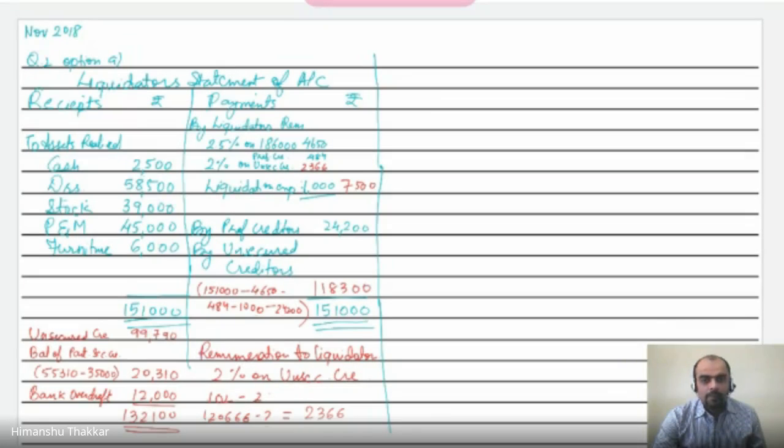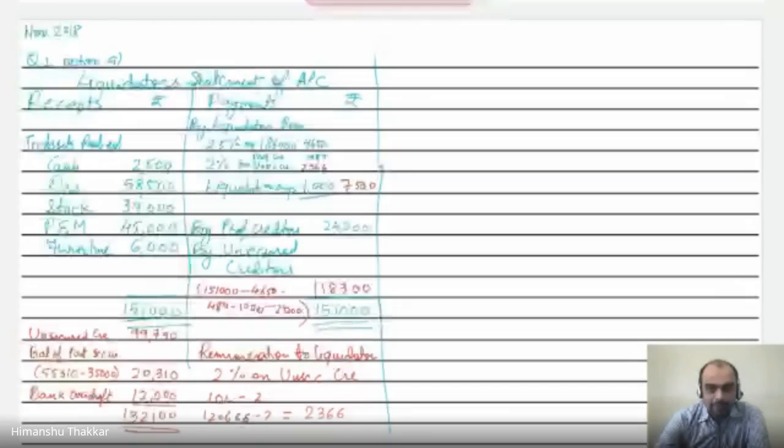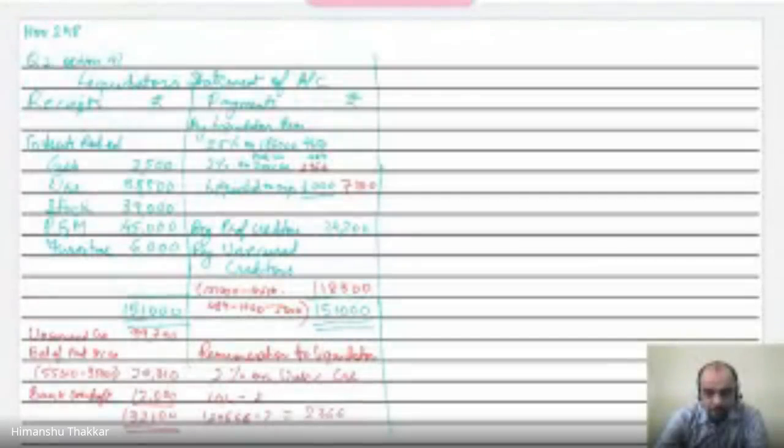Question number 3. Now, if you can just see the question, as I have told you time and again, in question 2, you will be asked, most probably, a sum of liquidator. In the option, you get a sum of liquidator. Now, in question 3, you get amalgamation absorption, and in the option, you get the same.